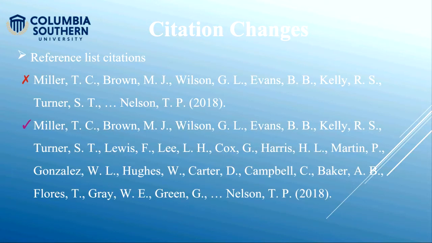And that just indicates that there are other authors. And on the screen, you see an example. The X, of course, is a 6th edition citation where you did not have to list as many authors. And the bottom with the check mark is the same citation in the new 7th edition formatting.